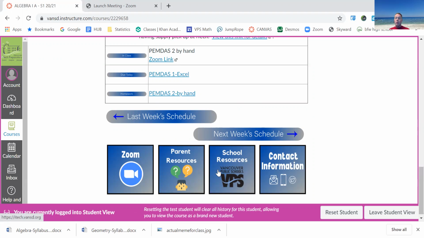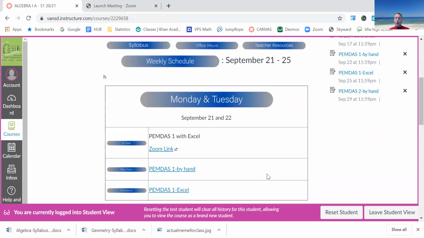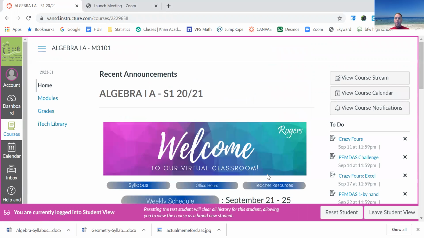Parent resources and school resources direct you to the school webpage, so you can find out all the information about special announcements and things going on school-wide. And the contact information will send you to your email. Right now with the online learning, contact is kind of limited to email. I usually respond fairly quickly, so we can go ahead and do that.